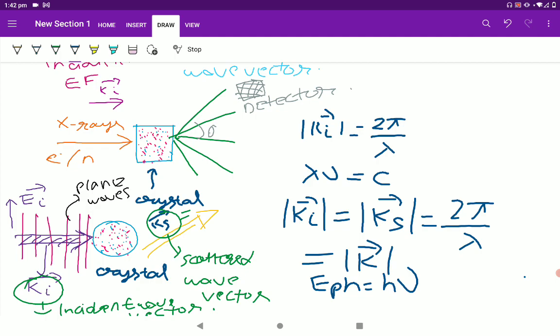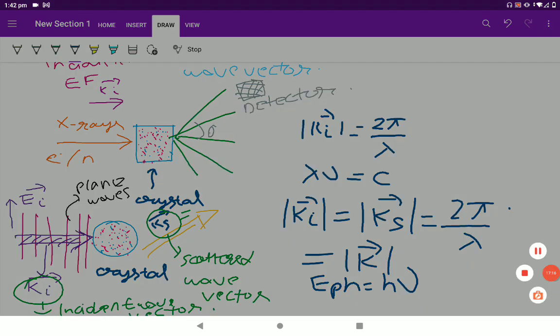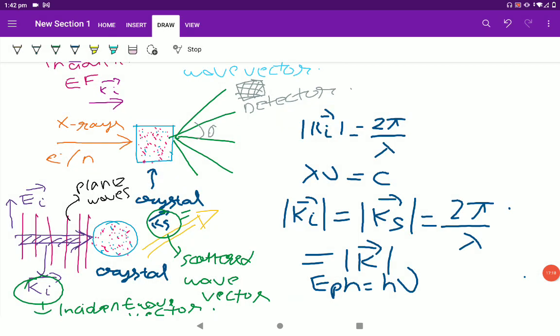So when an electromagnetic wave is incident on the crystal, some of the waves change their wavelength. If we measure the inelastic scattering, we get the vibrational information of the atoms.